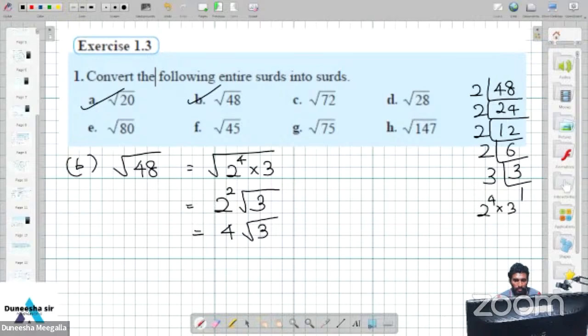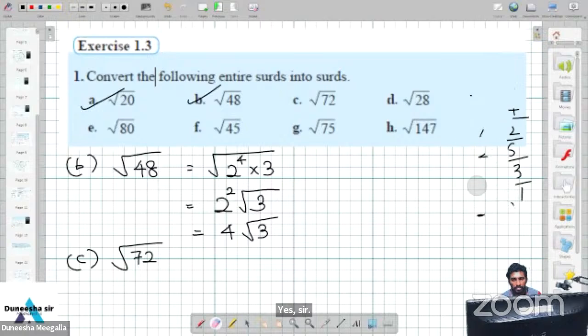Did you get the answer for the third one? Yes, sir. Okay. Tarun, did you get the answer for 72? Root 72.